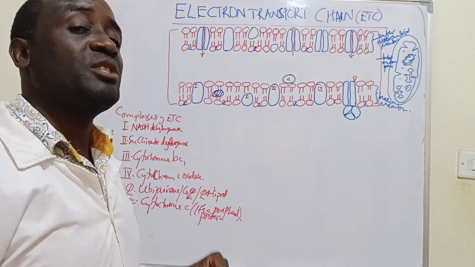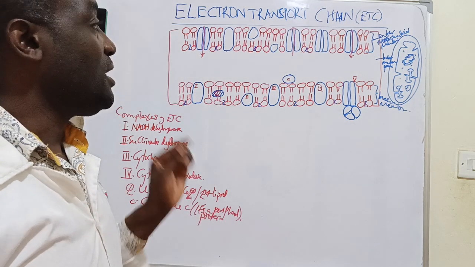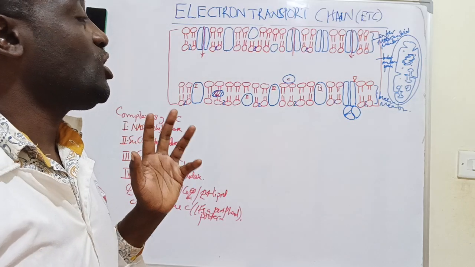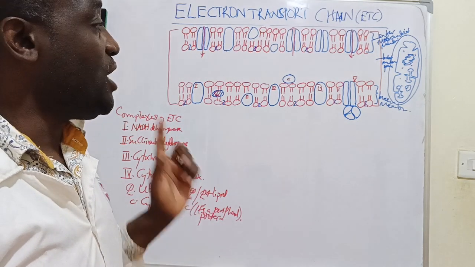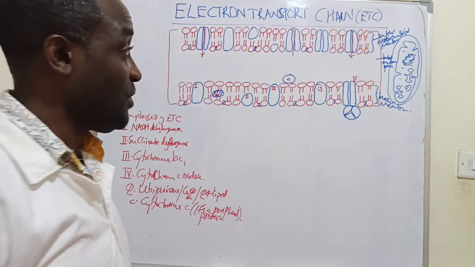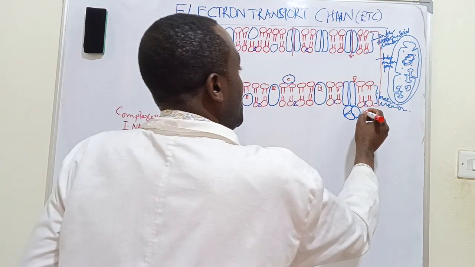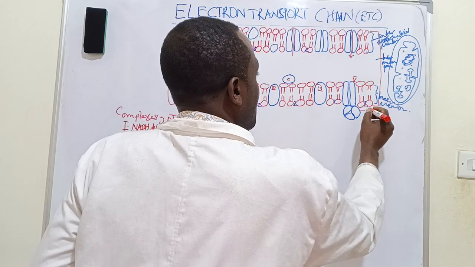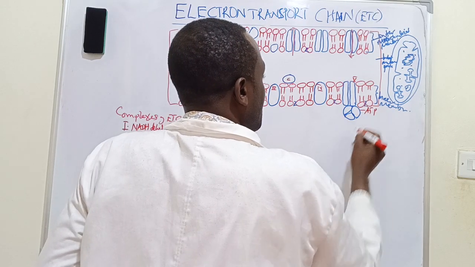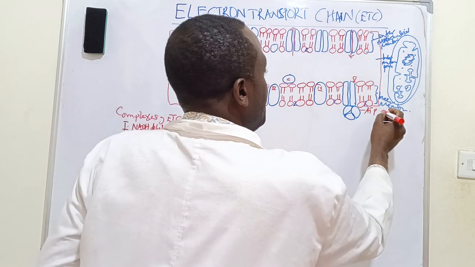Its role is not to transport electrons. Its role is to transport protons or hydrogen ions from somewhere to somewhere as it is manufacturing energy for you. And therefore, complex 5 is called ATP synthase.